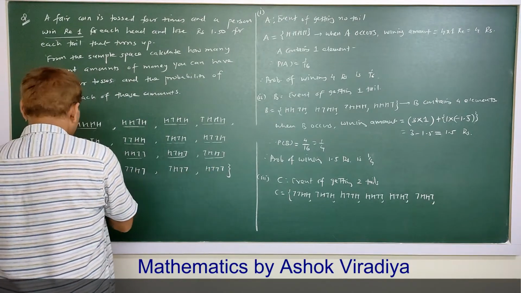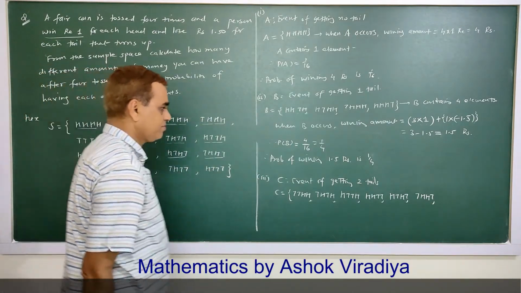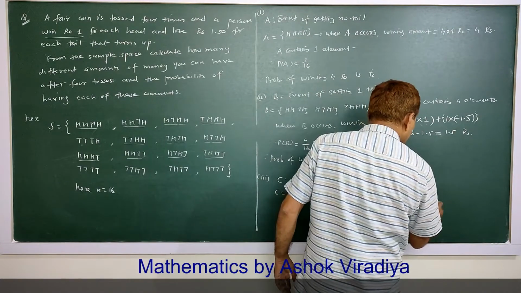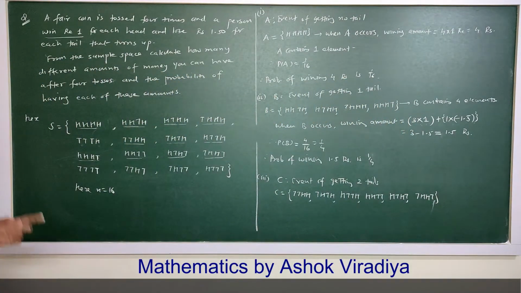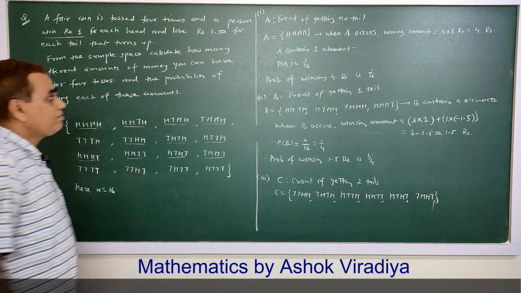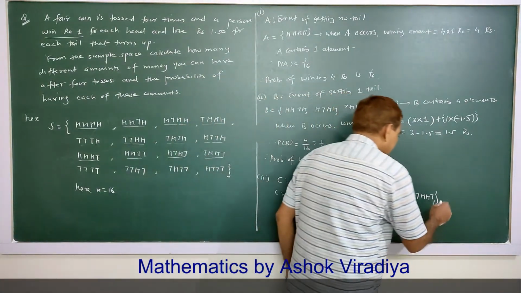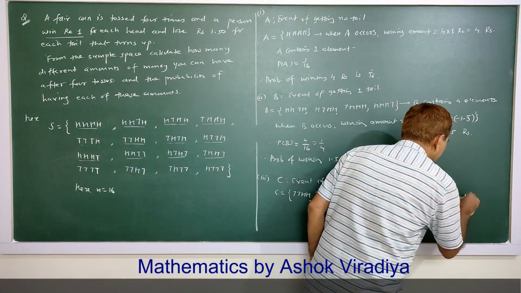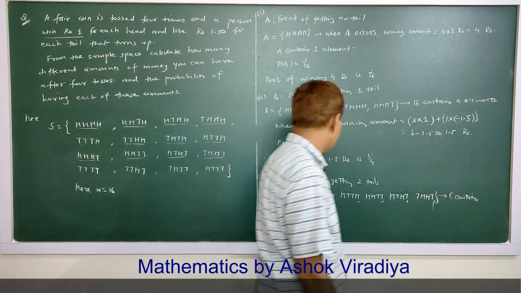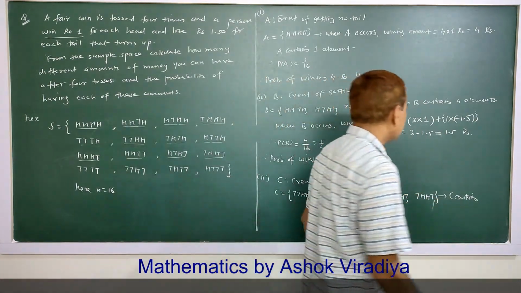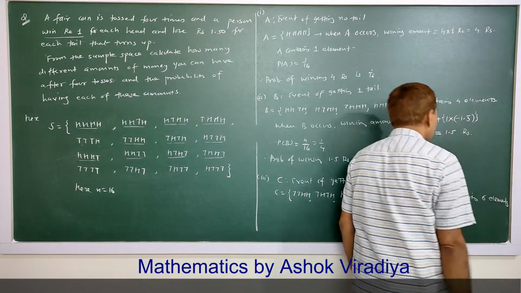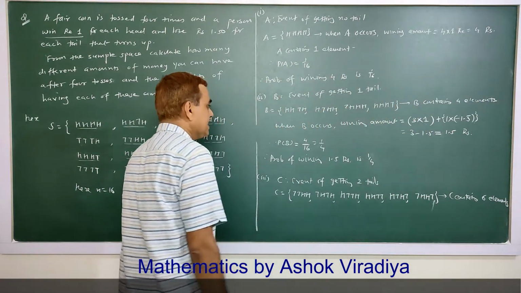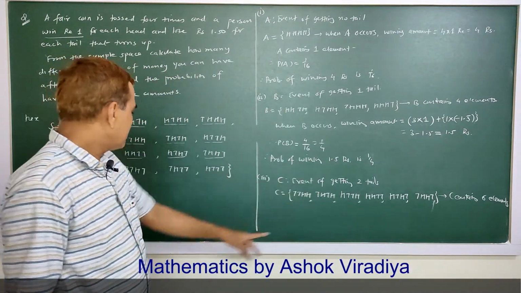It's over. So these are 6 outcomes in which there are 2 tails. So C contains 6 elements. So the probability of C is 6 by 16.